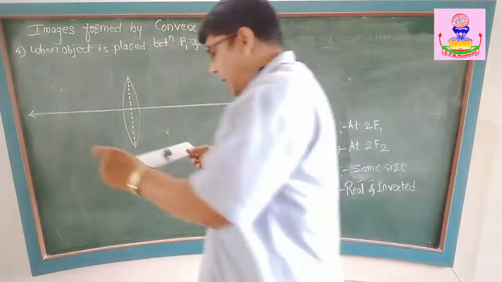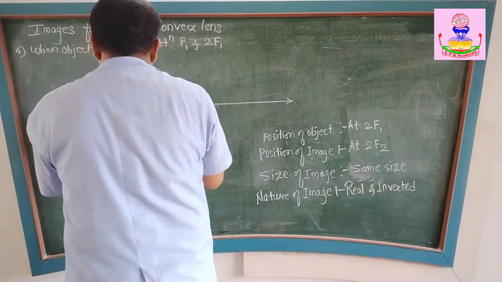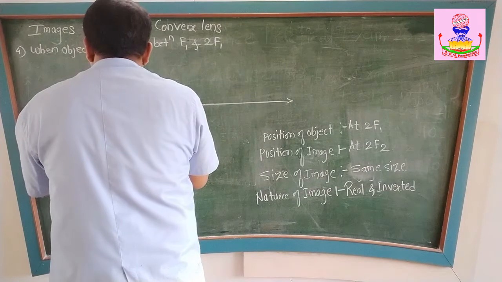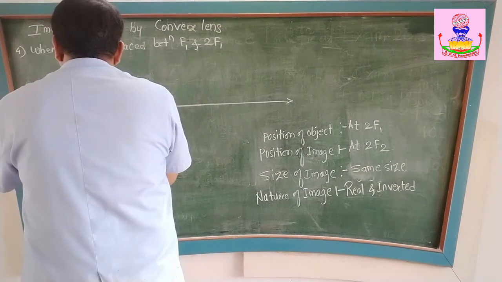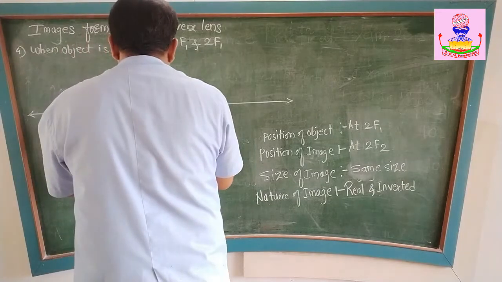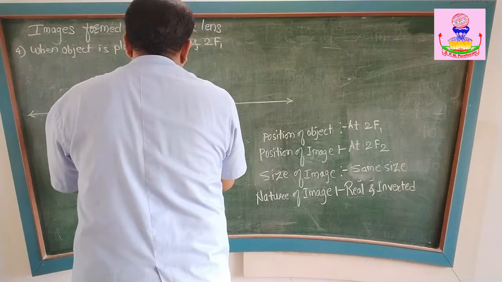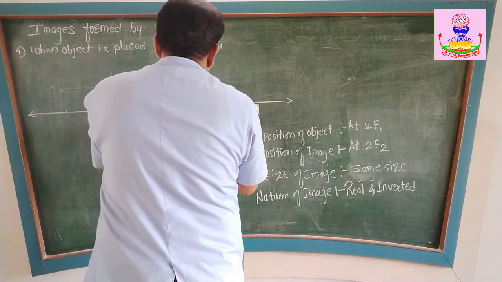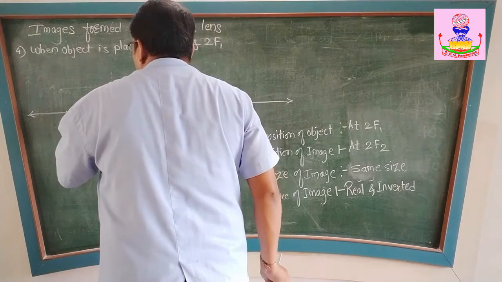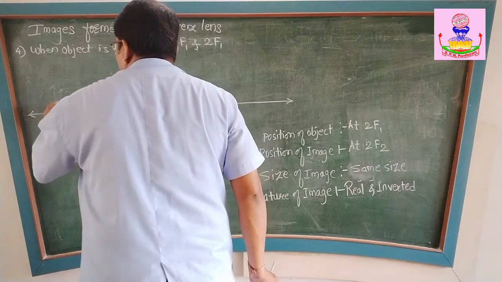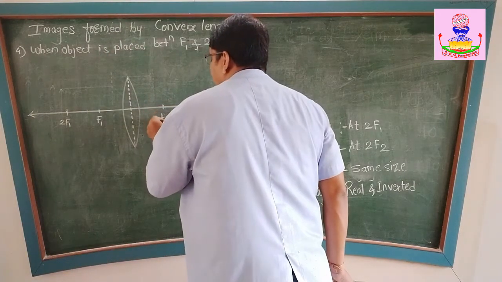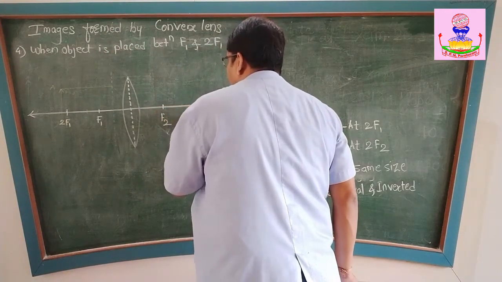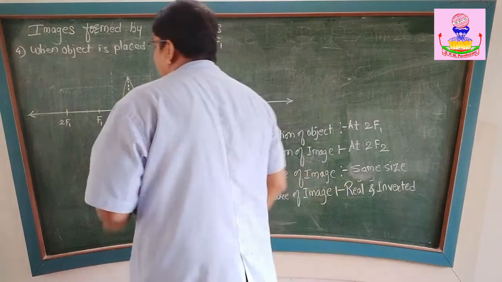This is optical center O, and from that let us mark F1. So this is F1, this is 2F1, this is F2, and this is 2F2.